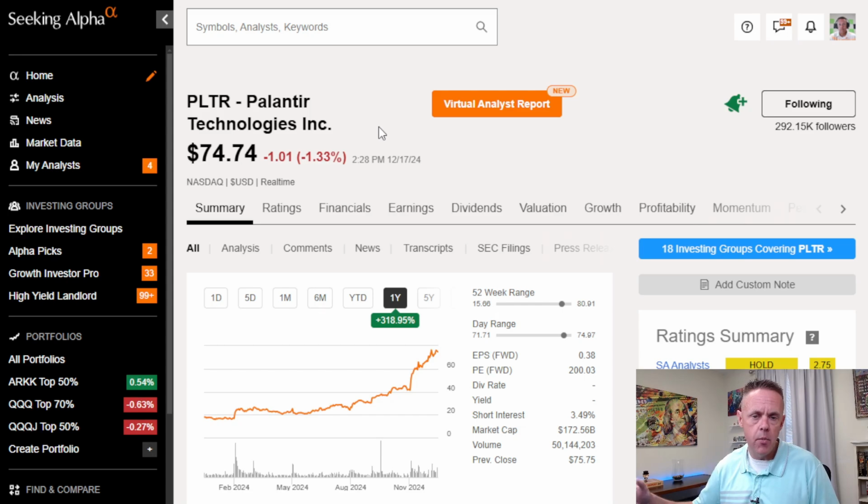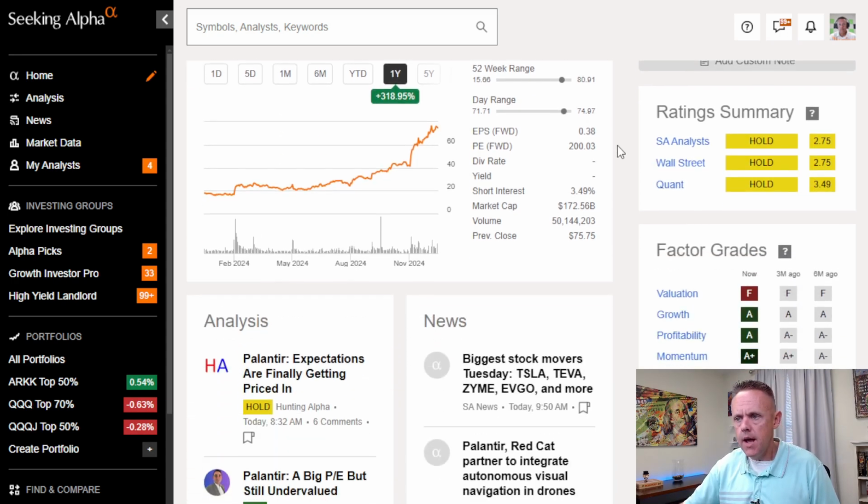So we know that market cap at least plays some role in the positioning of Palantir when it gets added into the QQQ. And if we check their market cap today, it's $172.5 billion. So with this information, I need to try to identify the group of companies that are landing about $172 billion in market cap.